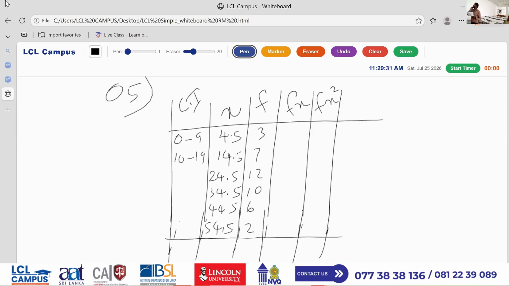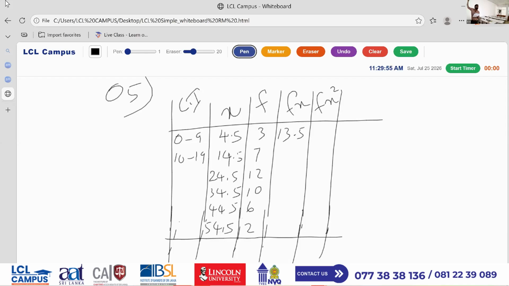Multiply fx and take. I don't have the calculator. Just tell me fx first. Here what? 13.5. Just tell me how to take fx squared. Here fx is 13.5, no? That squared.